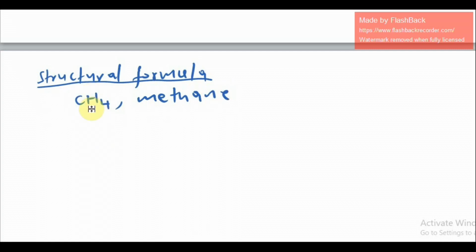This carbon has 4 bonds, bonded to hydrogens. So the bonds must appear as lines, which means we have hydrogen here, hydrogen here, and hydrogen here. So this is the structural formula of methane.